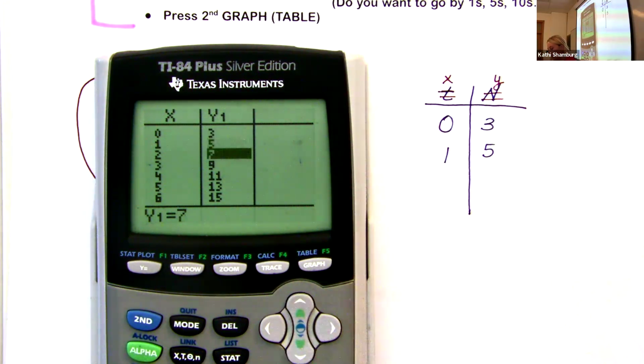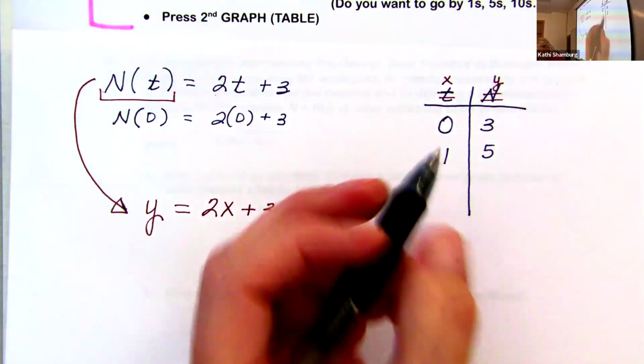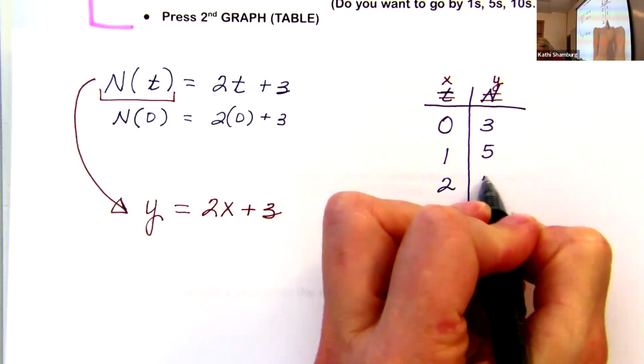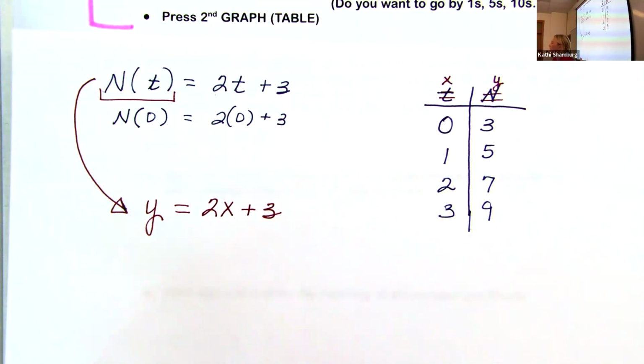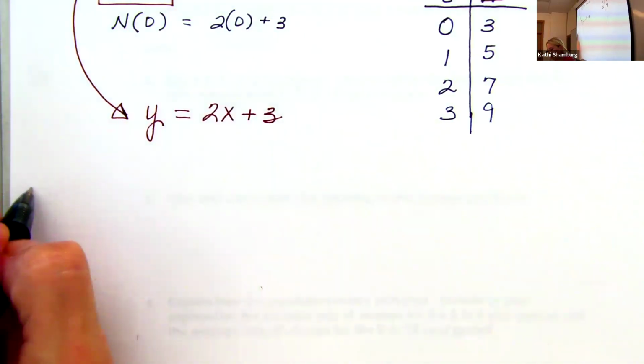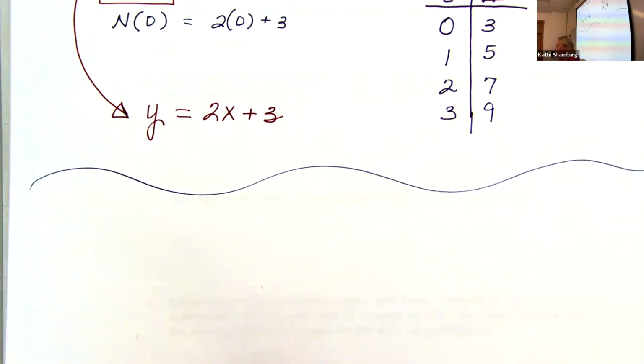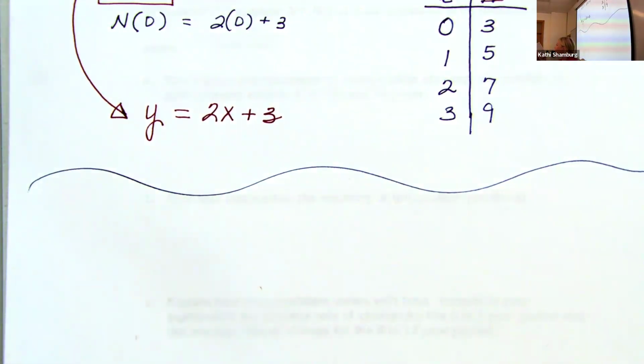Then they put in 2, it gave me 7, and 3, it gave me 9, and so on. So it creates the table for you. Before I go to the next equation, because I had a few in my first class that said they didn't get that, do I have any questions?